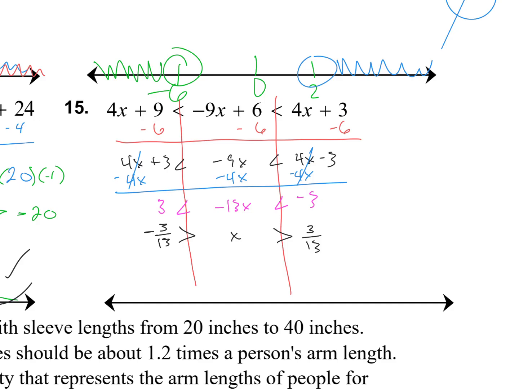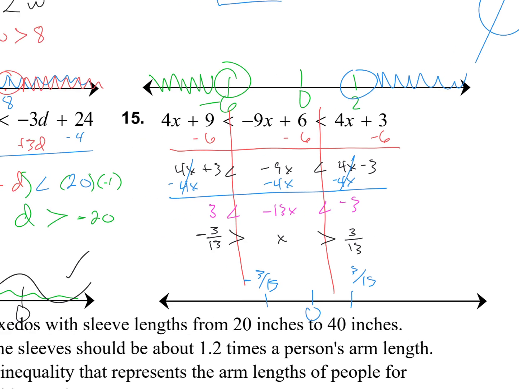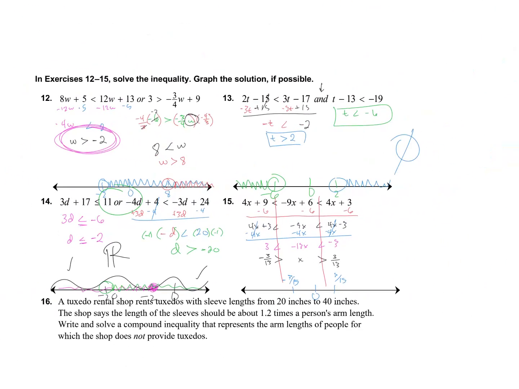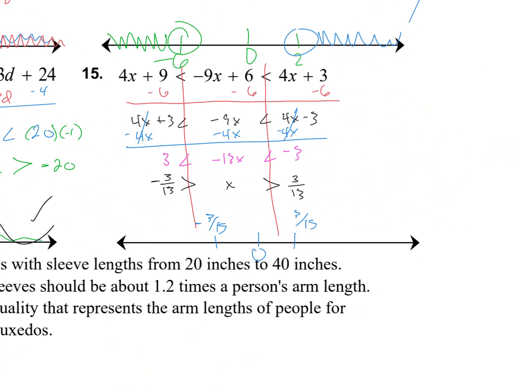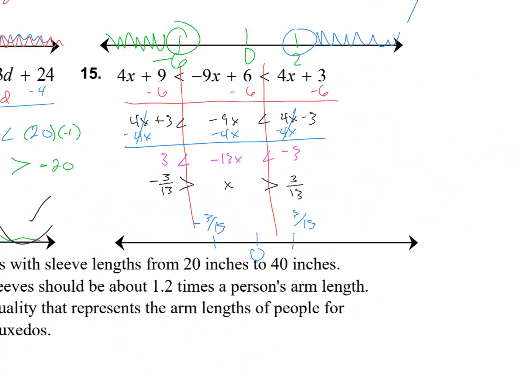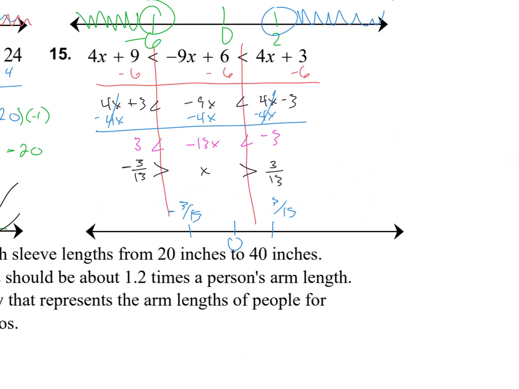So let me show you what I'm saying. If I were to try and graph this, we have 0, we have negative 3/13, we have 3/13. And just like our graph up here where I said, nope, no real numbers, no solution. That's fun.